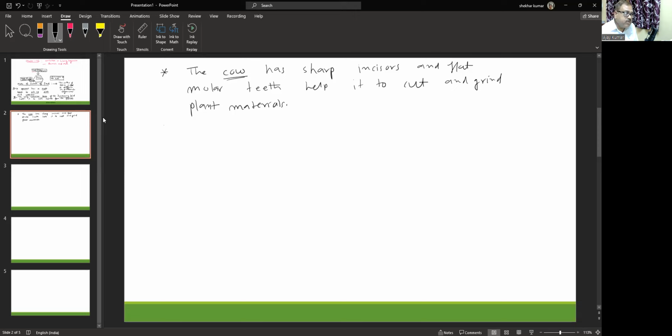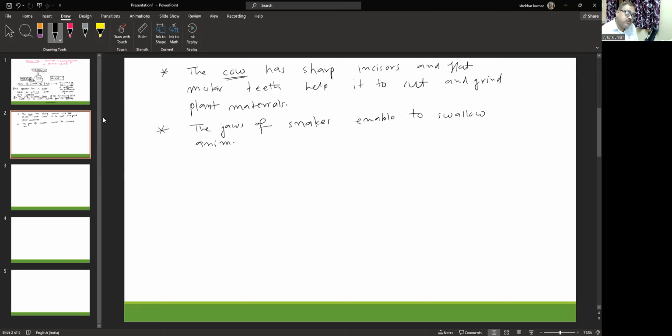Similarly, you can think of another example: the jaws of snakes, which enable them to swallow animals.